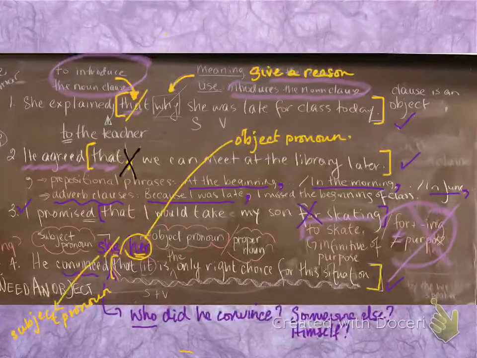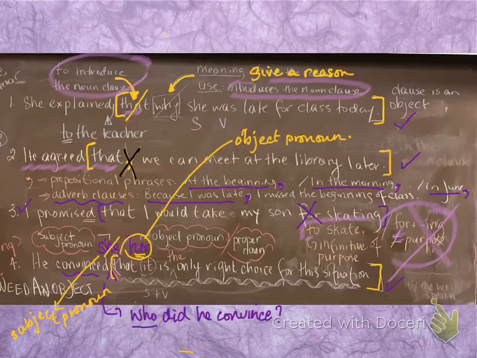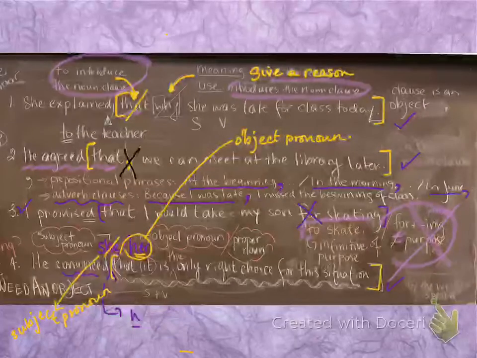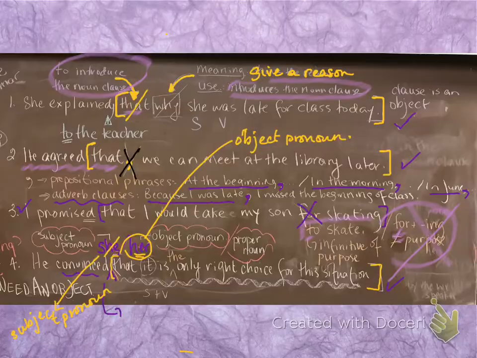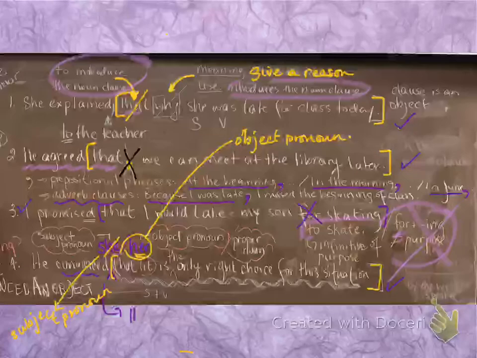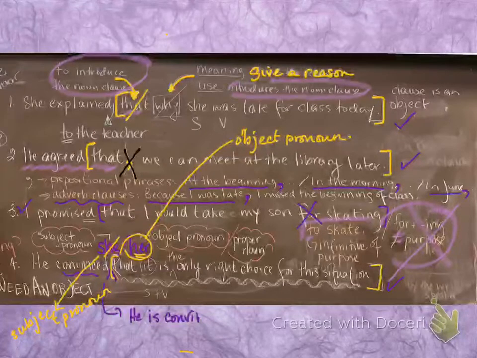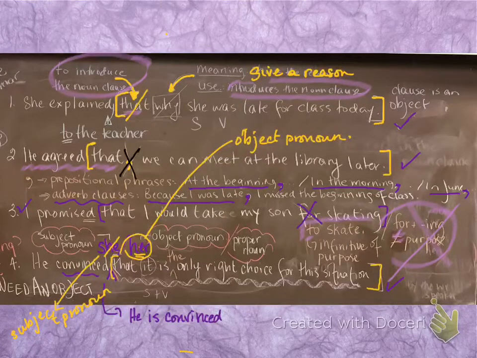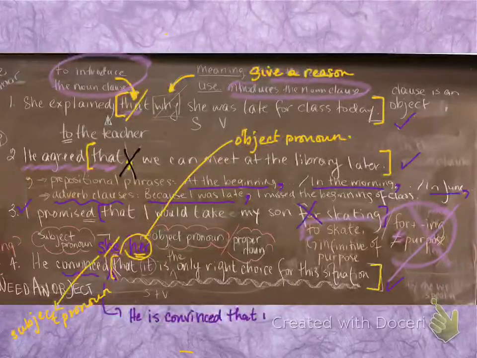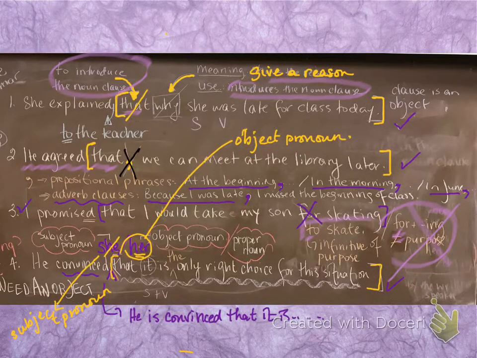We also talked in class of what happens if it's himself that's convinced. How would that change the grammar of this sentence? I'm just going to use the space down here to explain that. If it's himself that's convinced, we need to say he is convinced that it is blah, blah, blah.